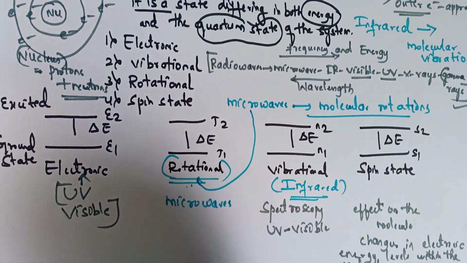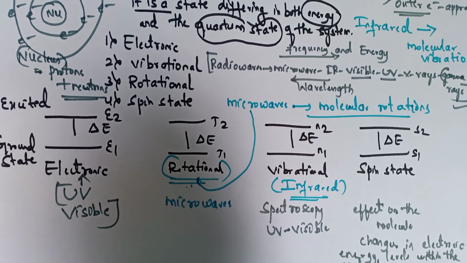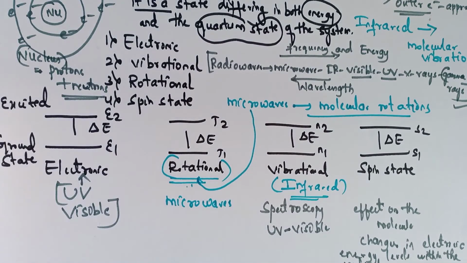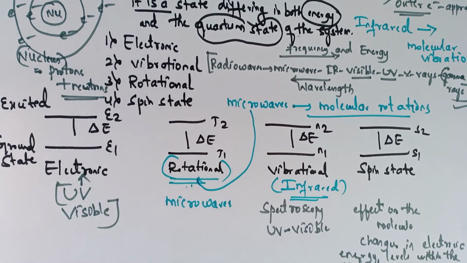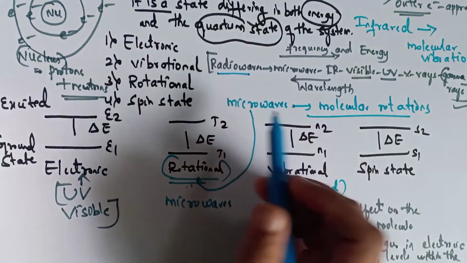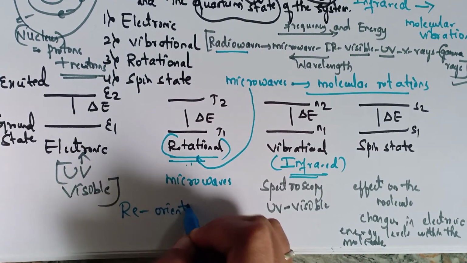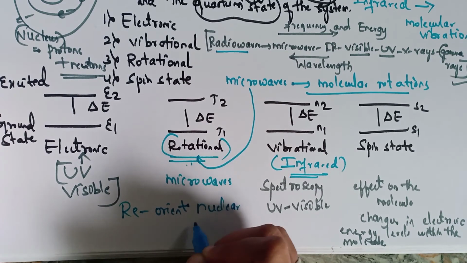Coming to the last thing, that is radio waves. It has lesser energy compared to all the other rays. So these radio waves have an effect on the molecule, that is they induce changes in the magnetic properties of certain atomic nuclei. You can also say they reorient nuclear spin. That means these radio waves can reorient nuclear spin.